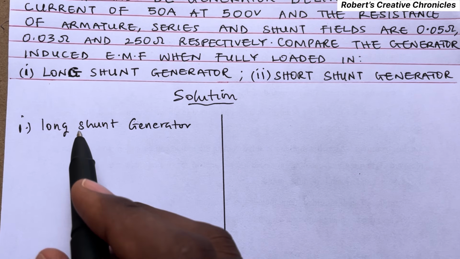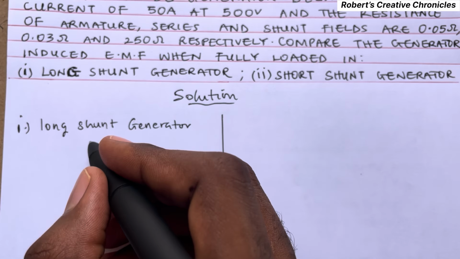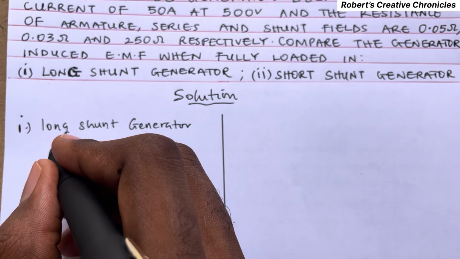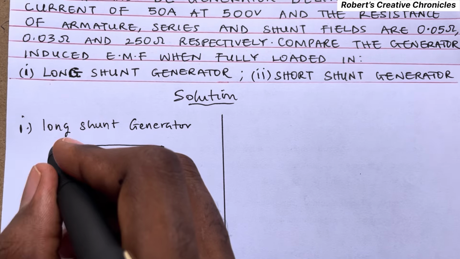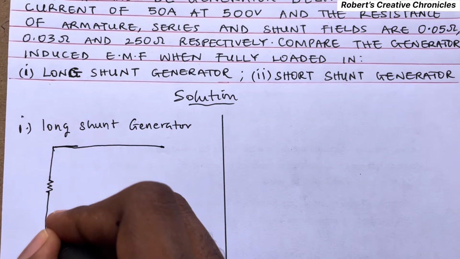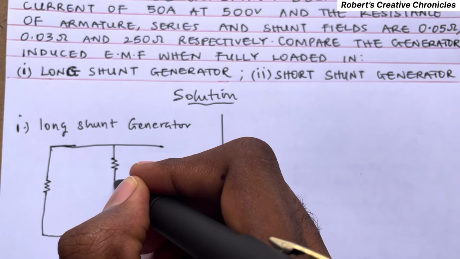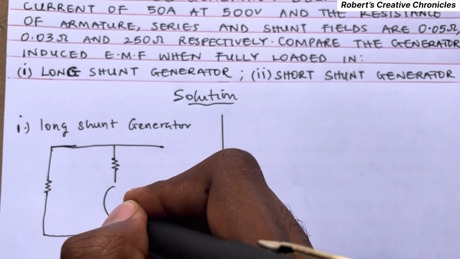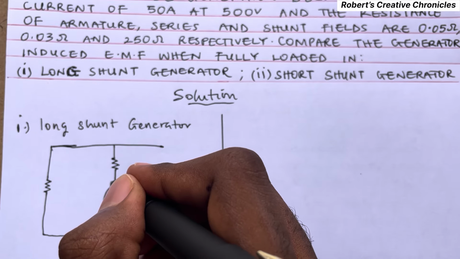So first we are going to draw the sketch of the circuit of the long shunt generator. So the sketch is like this. There's a field resistance here. Here there's a series resistance. Then here is the armature.